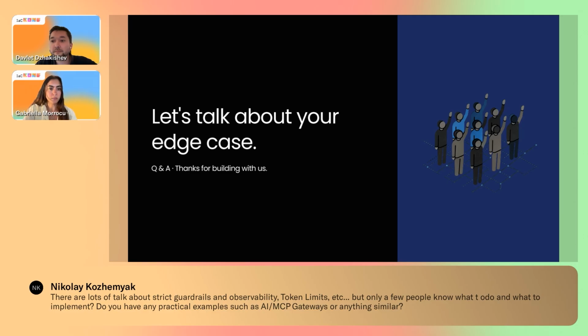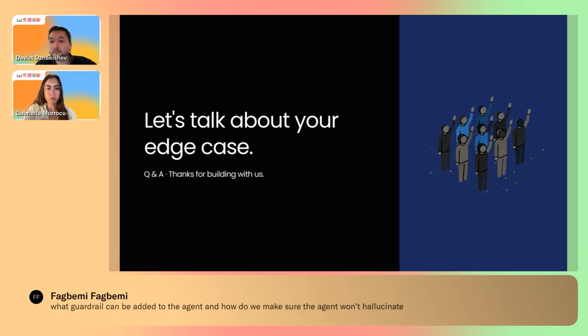Another one is what guardrails can be added to the agent and how do we make sure the agent won't hallucinate? Yeah, so hallucination is essentially the whole reason why we started with CloudGenie. And I think there are going to be fewer of those as capabilities of agents increase, and we experience that.